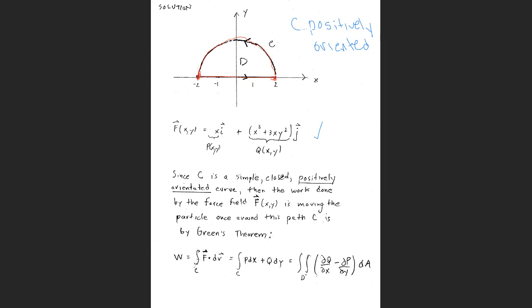And since C is a simple, closed, positively oriented curve, the work done by the force field, vector field F, in moving the particle once around this path C, is given by Green's theorem, which I wrote down there. Let me give you a moment to copy this.